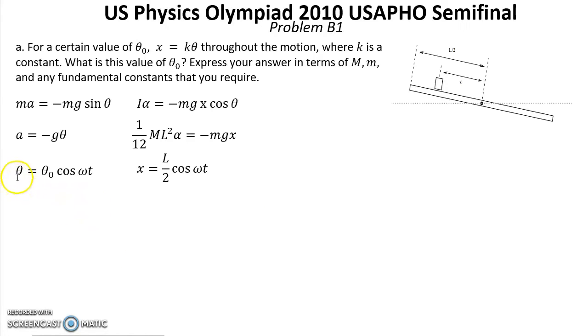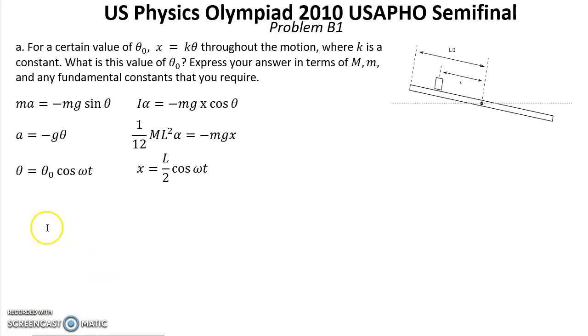So we assume that θ starts from the top position. It means that θ equals θ0 cosine ωt, and now we can assume that the block starts at the highest position. It means that x equals L/2 cosine ωt, and our plank starts from angle θ0, and the equation will be θ equals θ0 cosine ωt to synchronize our motions.